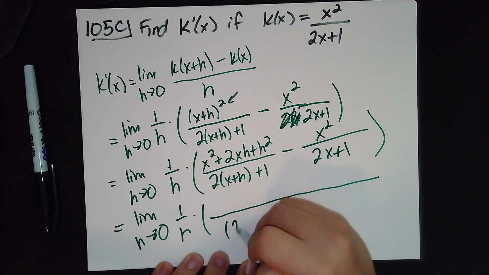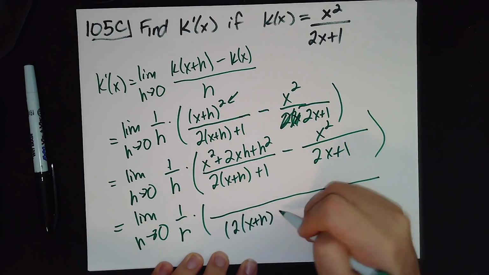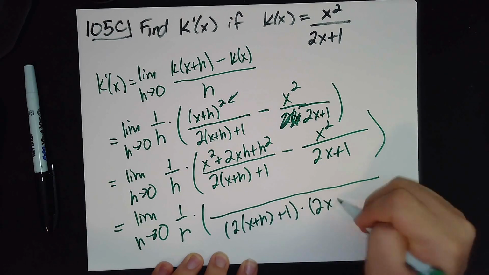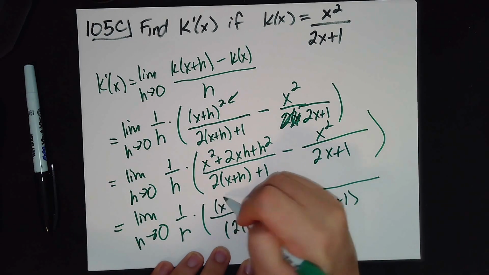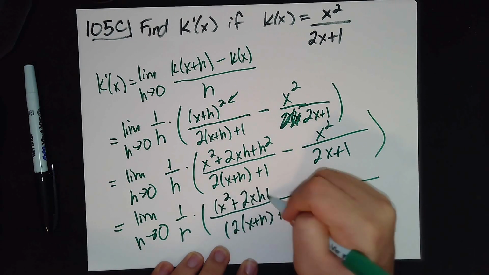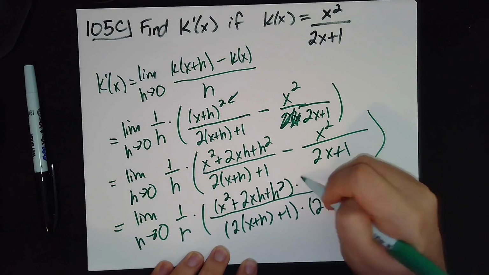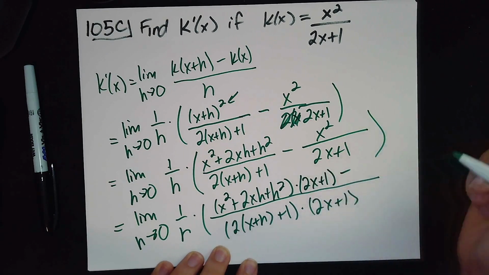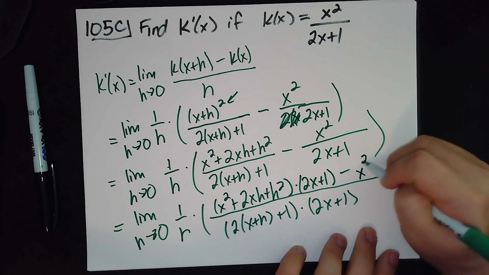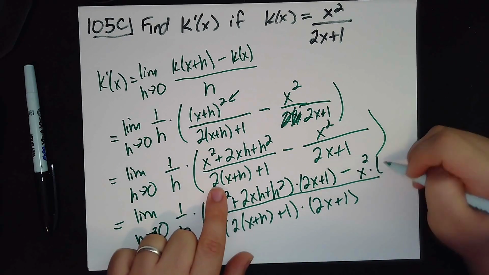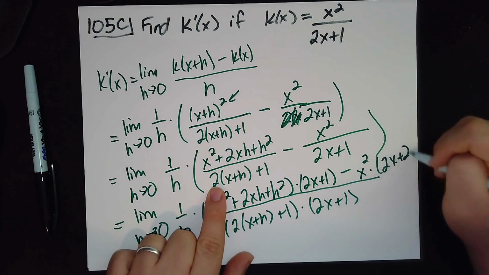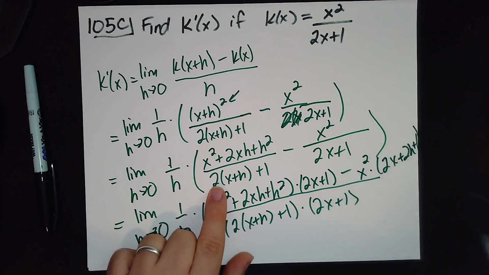The denominator is going to be 2 times x plus h plus 1 times 2x plus 1. And the numerator is going to be x squared plus 2xh plus h squared times 2x plus 1 minus x squared times 2x plus 2h plus 1.